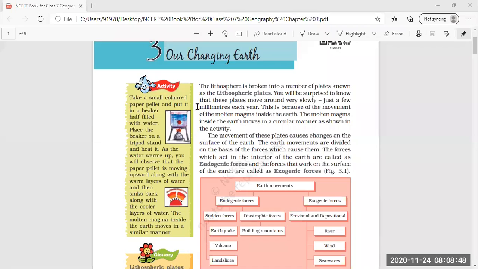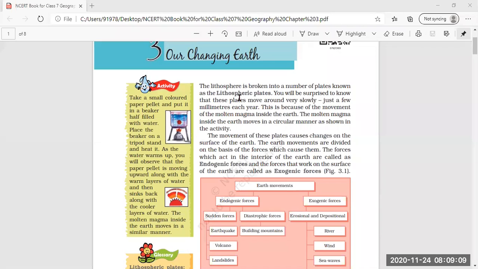Now first we start with the lithosphere. Lithosphere is broken into number of plates. Now what is lithosphere? The topmost part of the earth, the solid part of the earth. The lithosphere is broken into number of plates known as lithospheric plates.